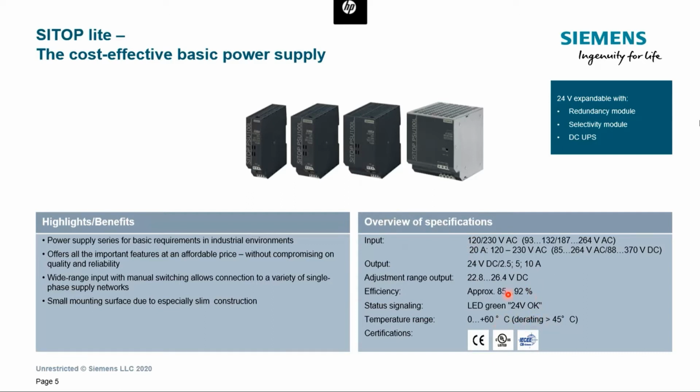And once the temperature starts to rise, for each degree there is a drop in the current rating that you can use. So from 45 to 60 degrees, you can expect that the rated current will drop by 20 or 25%. So maybe you can have only 8 amps out of it by the time you get to 60 degrees. So this is the derating concept.